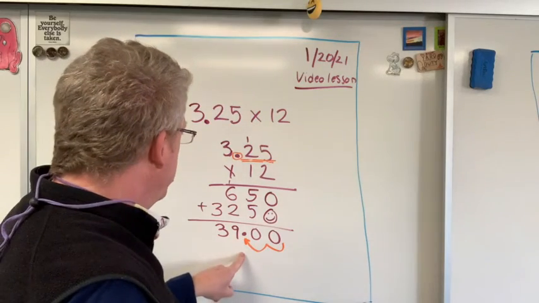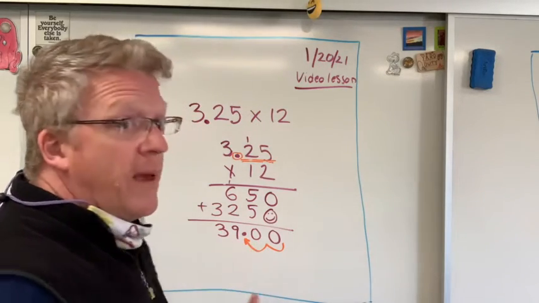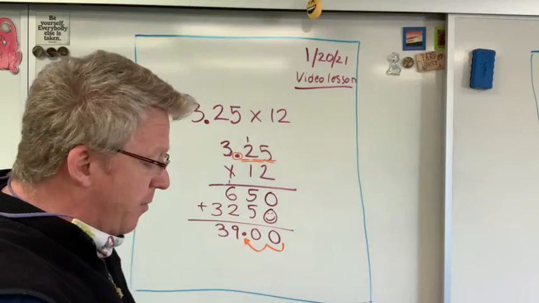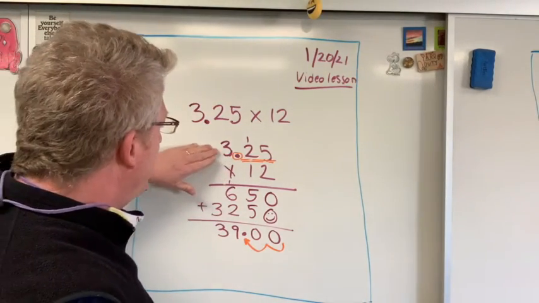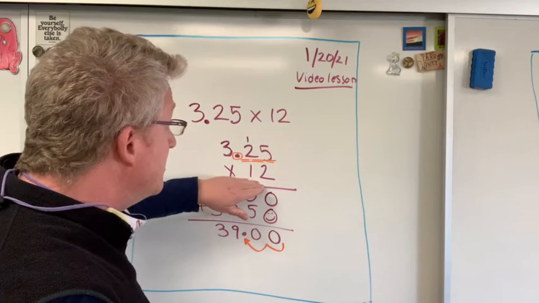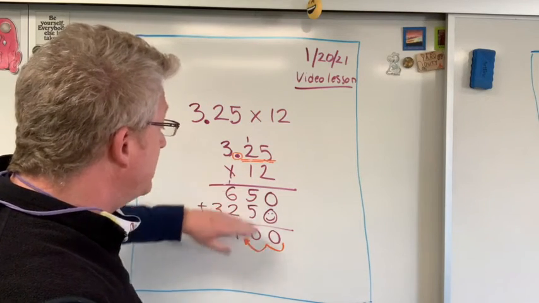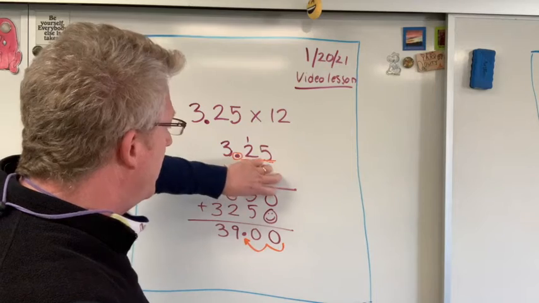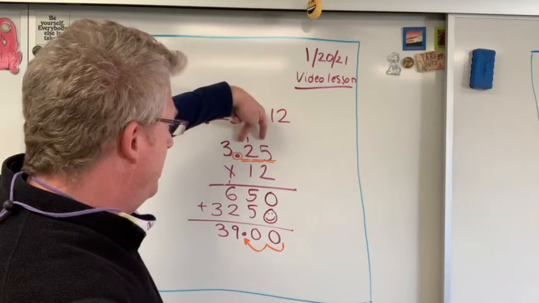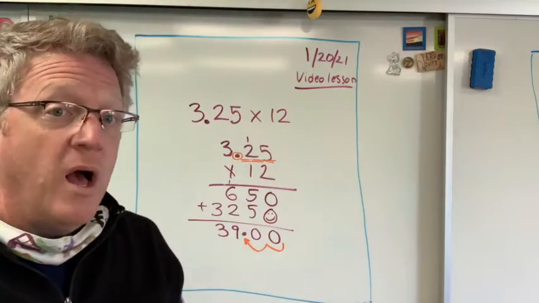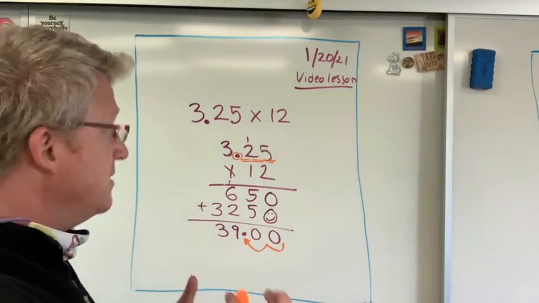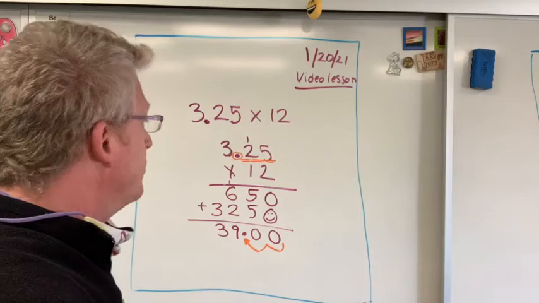All right? And so let's go back in and check. Remember, we talked about just a moment ago, what would be a reasonable answer? And we said, well, 3 times 12 is 36, but it's going to be more than 36. And we ended up with 39 because we have 12 sets of 25 hundredths, right? And think about 25 hundredths as a quarter. And if you have 12 quarters, 12 coins that are quarters, that's $3.